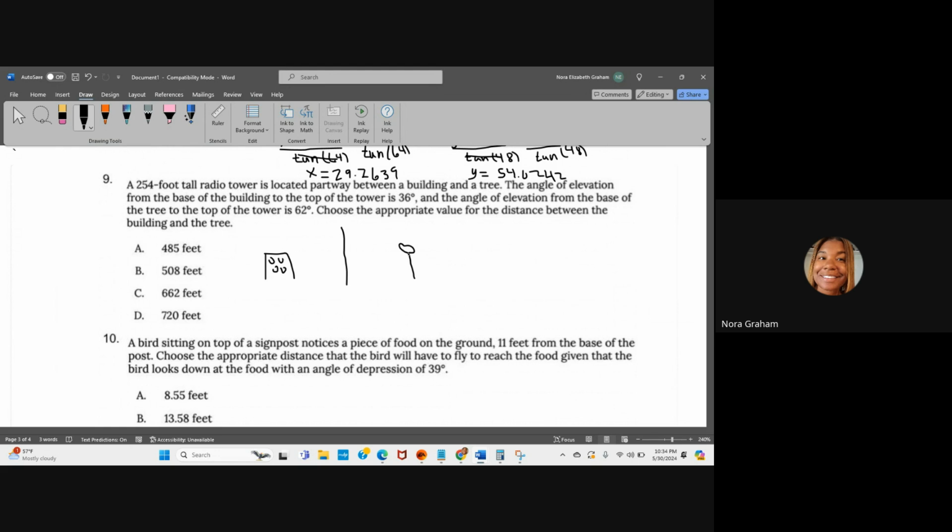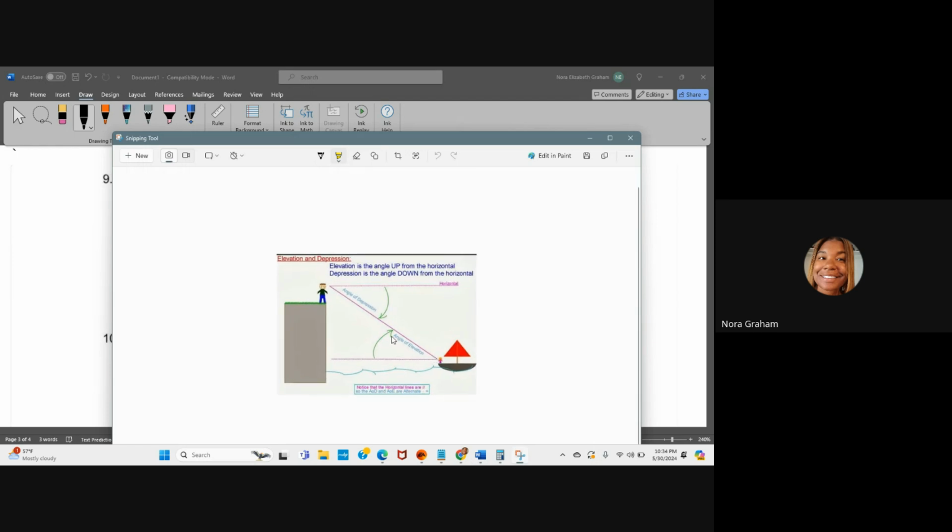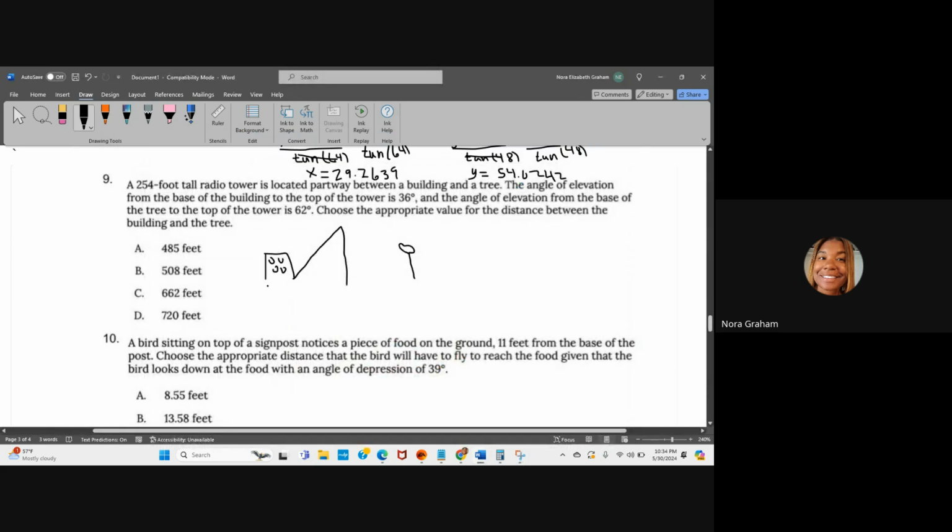All right. Now they said our angle of elevation from the base of the building to the top of the tower, so from our base to the top of the tower, is 36 degrees. So remember, angle of elevation is when we're looking kind of like that. So we'll call this our ground. Let me make the ground a little bit straighter. Sorry about that.